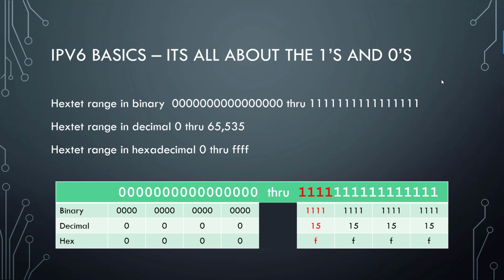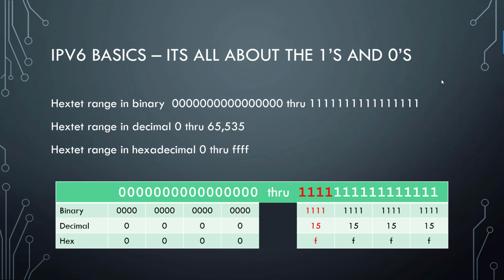So just like IPv4, it's all about the ones and zeros, folks. In this slide is the hextet range in binary, just for one hextet. So instead of 0 through 256, you've got 0 through 65,000 per each hextet.